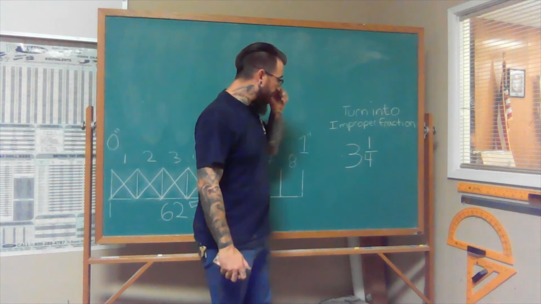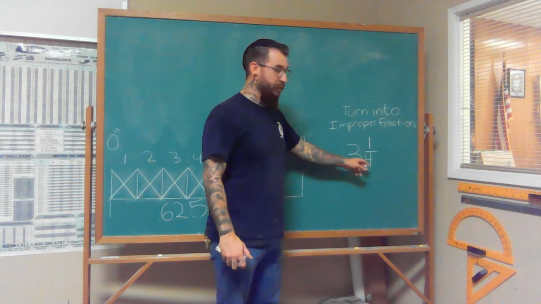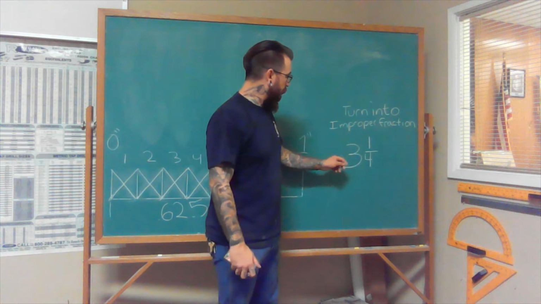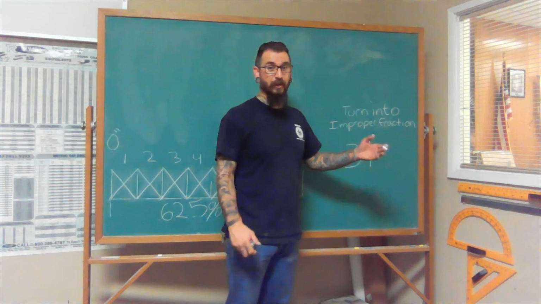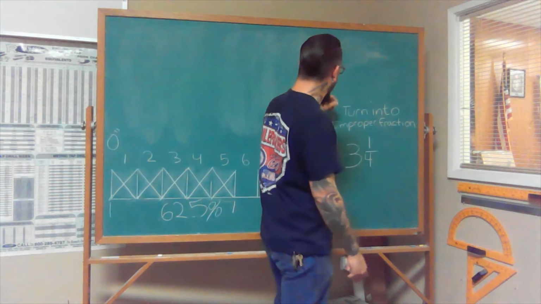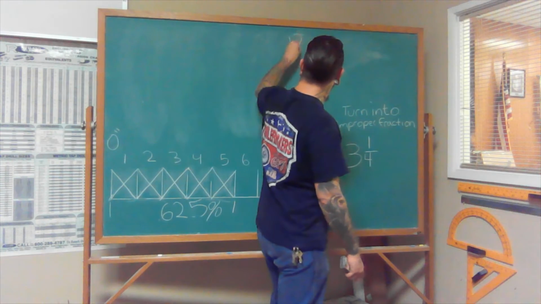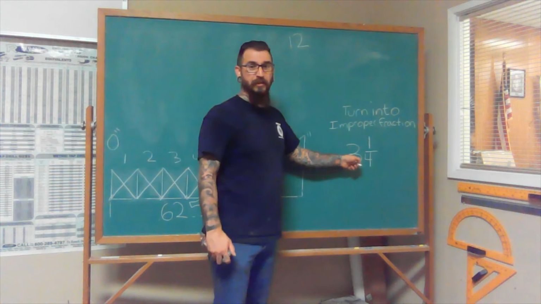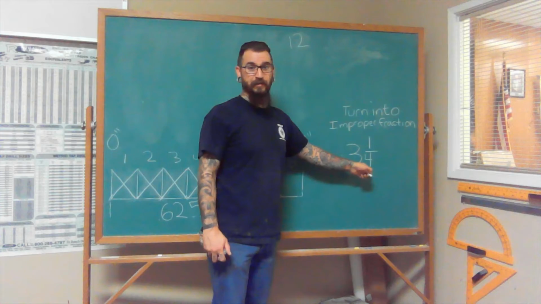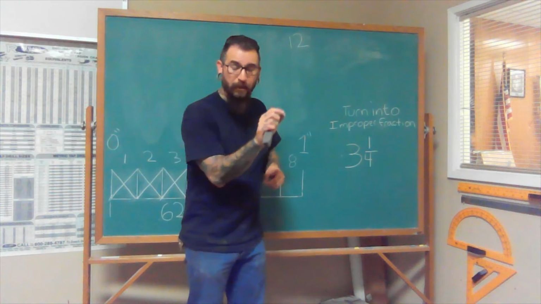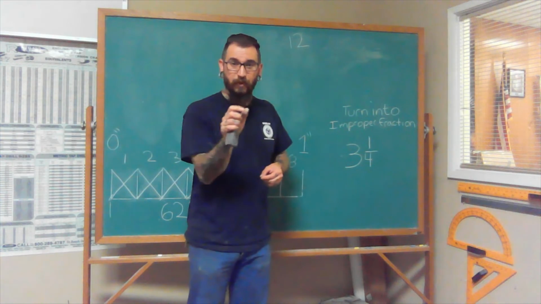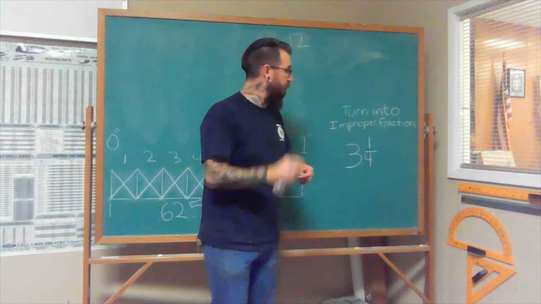So really, if we want to find out how many 1/4 inches are in 3 1/4 inch, we're going to multiply 3 times 4. Now 3 times 4 gives us 12. So in 3 inches, there's 12 1/4 inches in it. If I just measured out 1/4 inches and I just went all the way across, I'd be able to count 12 of those 1/4 inches until I got to the 3 inch mark.